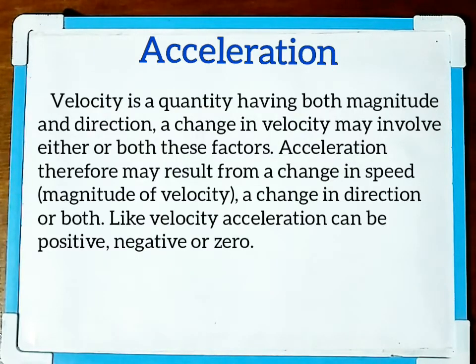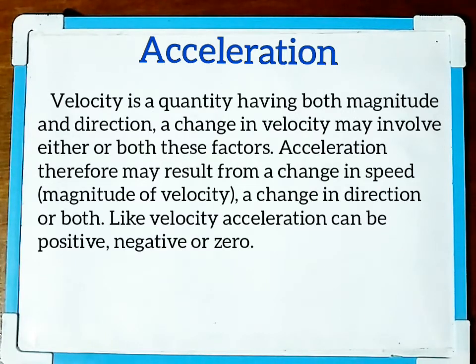So acceleration may result from a change in speed, which is the magnitude of velocity, or a change in direction, or a change in both the magnitude and the direction of the velocity. And just like velocity, acceleration also can be positive, negative, or zero.